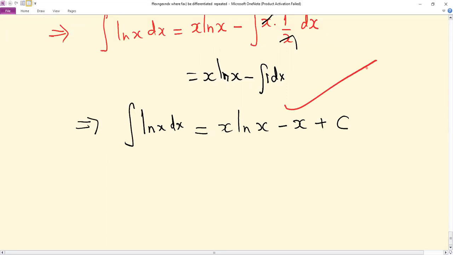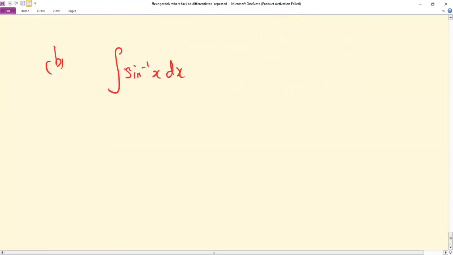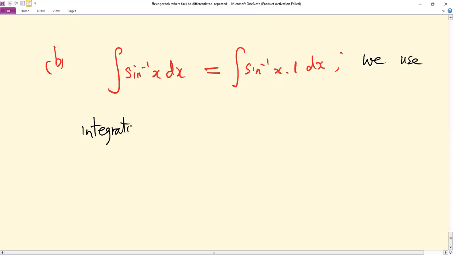And then problem 2 is to integrate sine inverse of x. Integral of sine inverse of x dx. We do the same trick. We say this can be written as integral of sine inverse of x times 1 dx, and we use integration by parts to find the solution.